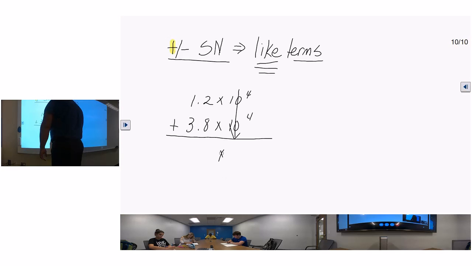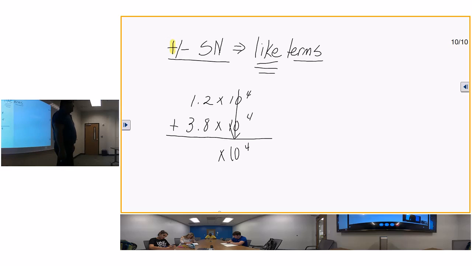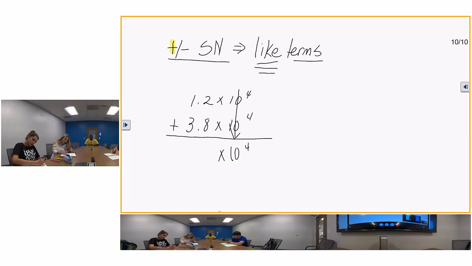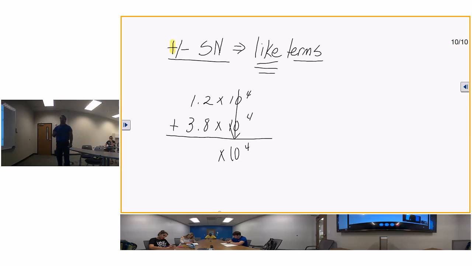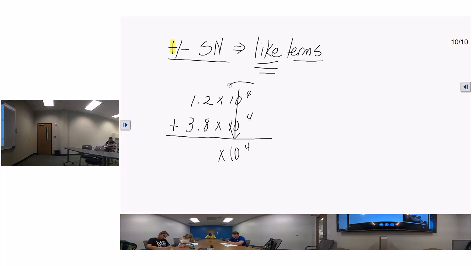They just come down. What's 2x plus 3x? I'm not being rhetorical. I want you to answer me. What's 2x plus 3x? 5x. Did I do anything with the x's or did I just bring them down? Just brought them down. These are labels. When you're talking about like terms, these are labels.